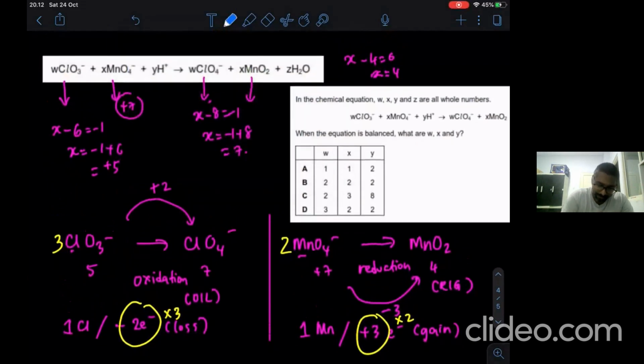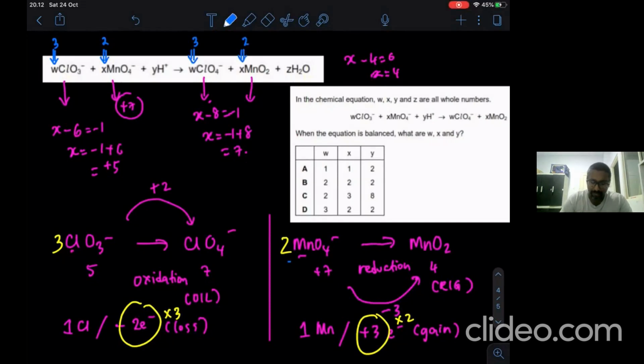So 3, this is going to be 3. And this is going to be 2. The rest, you can actually predict using the values that we have. If you have 3 Cl on your left hand side, of course this is going to be 3. And if you have 2 Mn over there, of course here this is going to be 2.